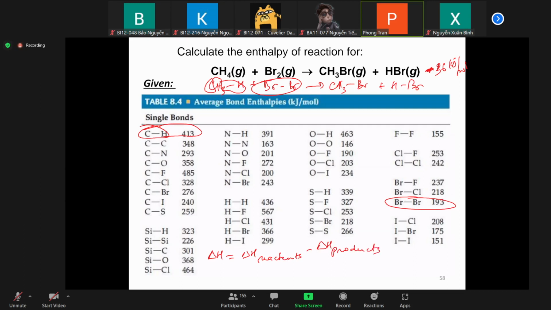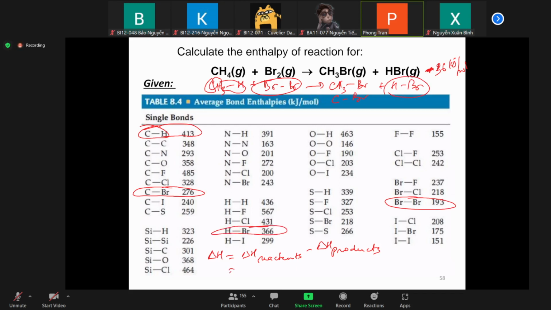Alright. So first you know about the reaction. Here you have the carbon bromide, so the C-Br is here. You have HBr, so the H-Br will be here.